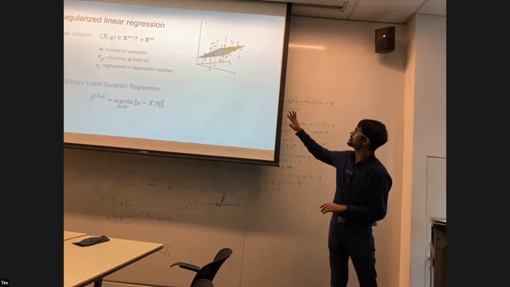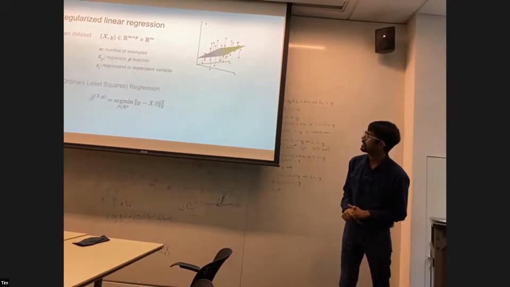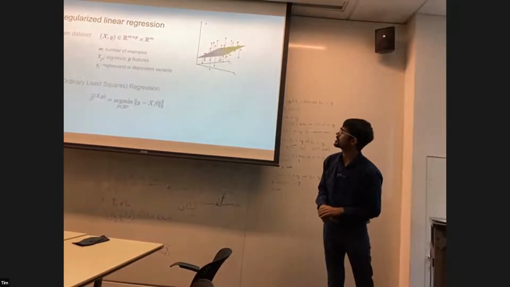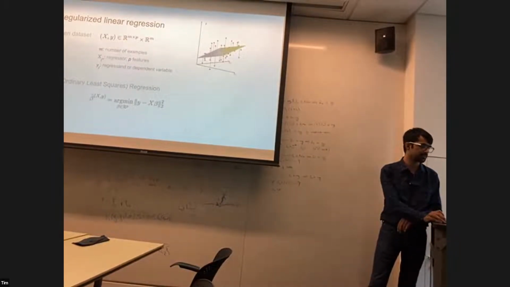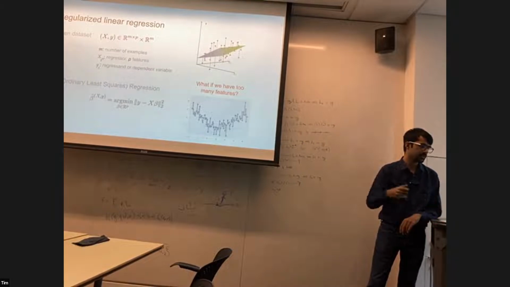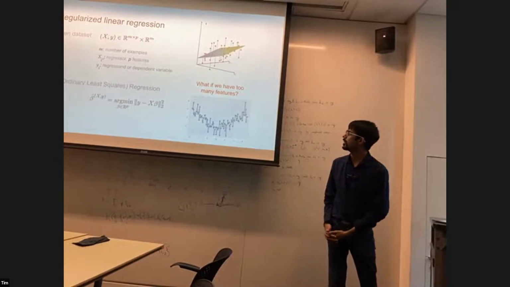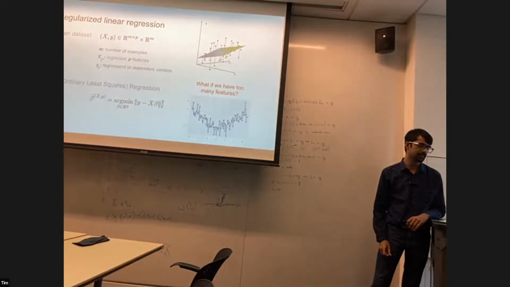And our goal is essentially to fit that hyperplane so that we minimize this loss, which is the squared loss of the distance between our hyperplane and the value Y, which is the true value for that example. So one issue is if we try to do this using OLS, or ordinary least squares, and suppose you have too many features, you would end up overfitting your training data set.